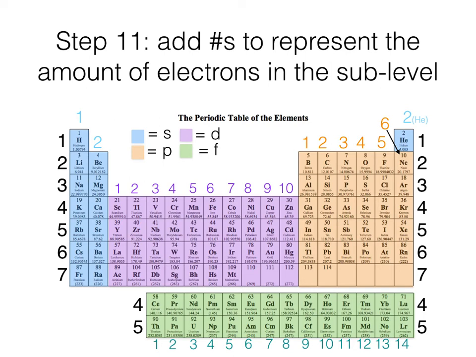For example, if we were going to do carbon, you can look and see that carbon is shaded in the P, so its outer valence electron is going to end in P. It's in the second period, so it would be 2P, and then you can look above it and see there's a 2 there, so it would be 2P2. Okay, and there you have it. Your periodic table is now beautiful, and we can use it as we continue on learning about electron configurations.